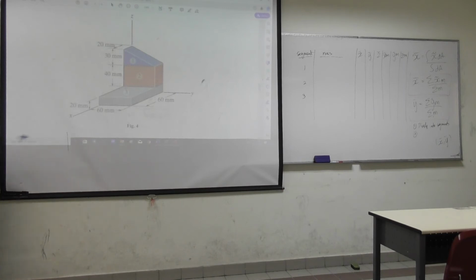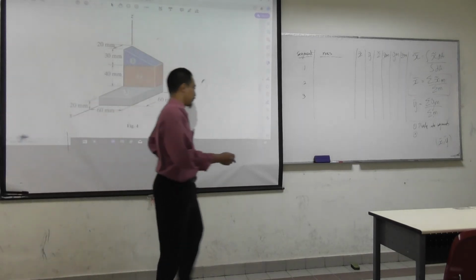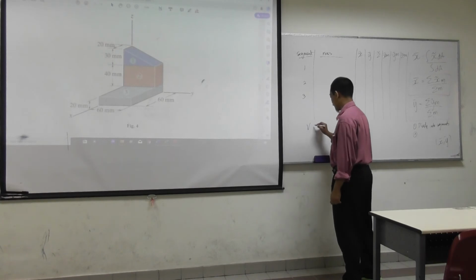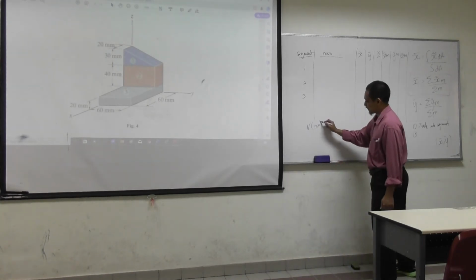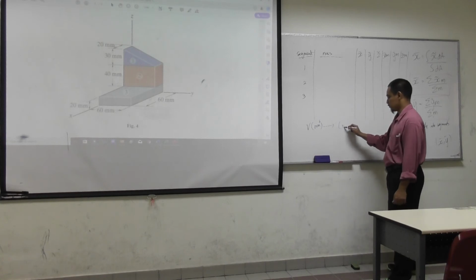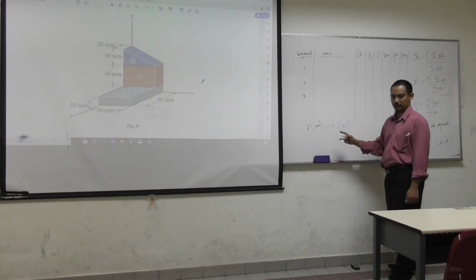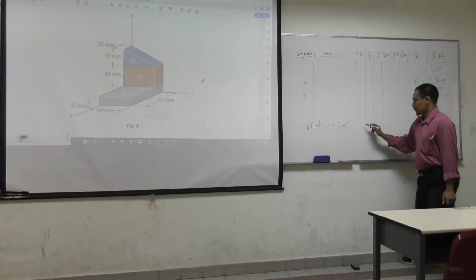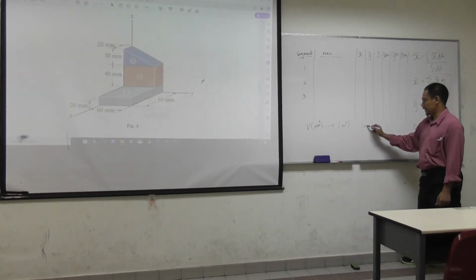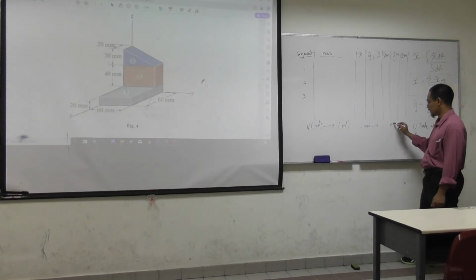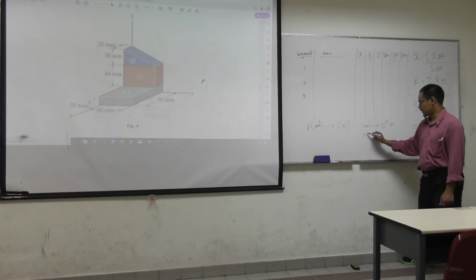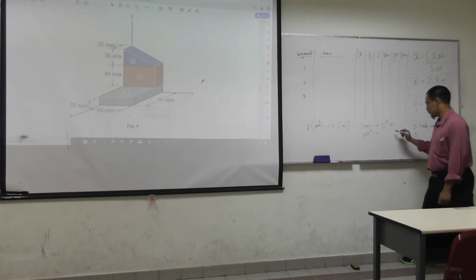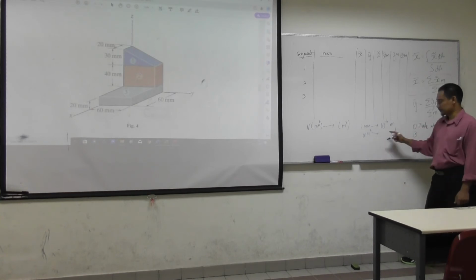Okay, another thing. Even if you calculate volume in millimeter, and you want to change millimeter cube to meter cube, you have to multiply by what? Millimeter to meter is 10 power minus 3, right? So millimeter cube to meter cube is times what?